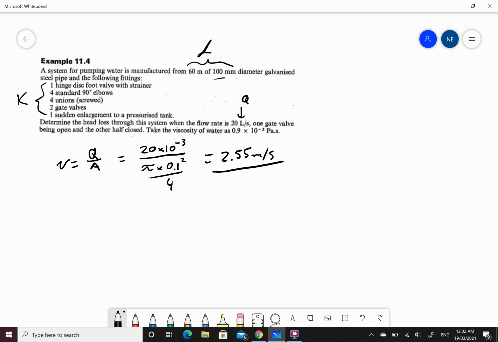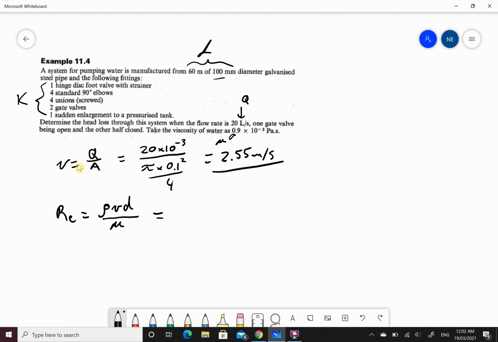Now, what I need to do is work out my viscosity again. Sorry, this is my dynamic viscosity. I need to work out my Reynolds number and relative roughness. So let's calculate Re: rho times velocity times diameter divided by viscosity.